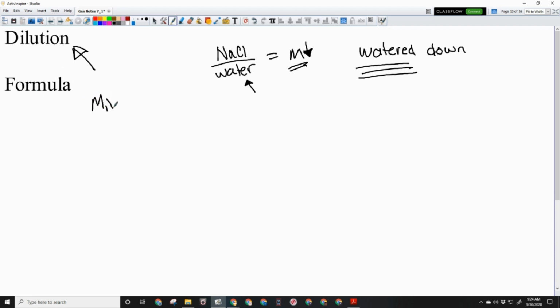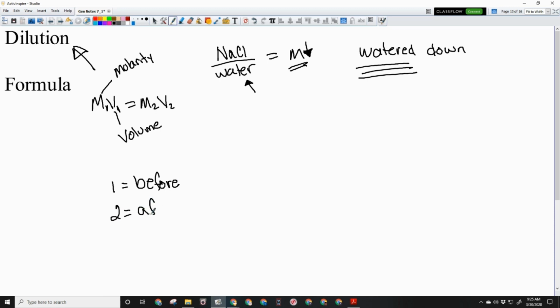It's M1V1 is equal to M2V2, where M is molarity and V is volume. So remember these ones and these twos: 1 is before and 2 is after, or initial, the beginning, and final. Okay.